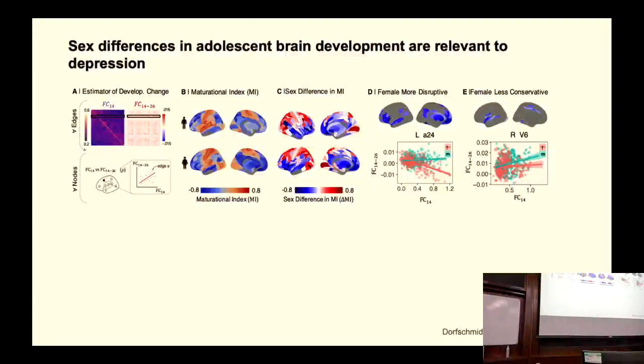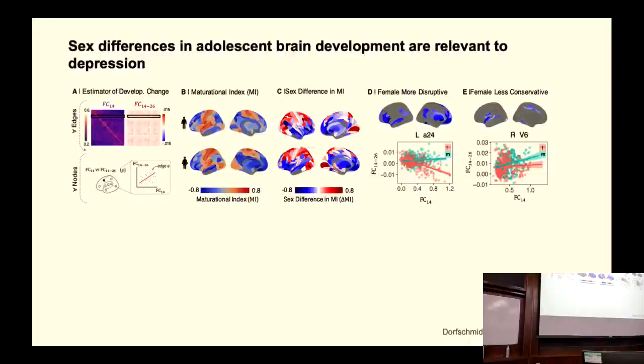It's quite a busy slide, I apologise for that, but basically she's looked to see where in the brain there are sex differences in the development of functional connectivity. And it turns out that there's a set of regions shown here where females have what we call a more disruptive profile of developmental change.